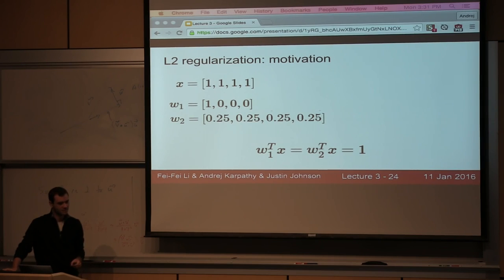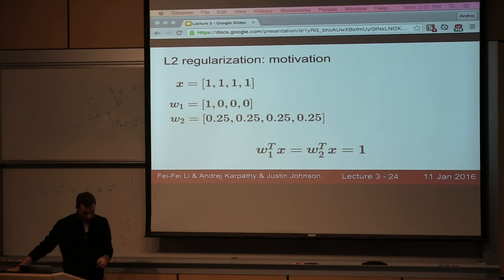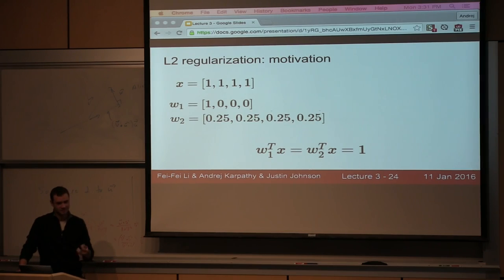So why would W2 be better? Isn't that a feature, not a bug, that we're ignoring some inputs? Yeah, so I was saying that you could just have 0.001, 0, 0, 0 as another W vector that would do exactly the same thing as W1 in terms of its decisions, but I don't know, just throwing that out. I see. Okay. Thanks.